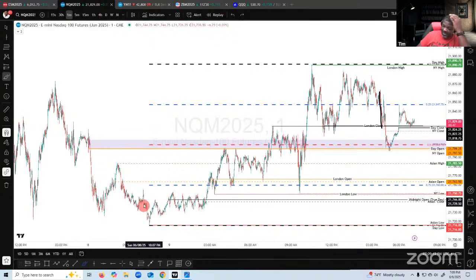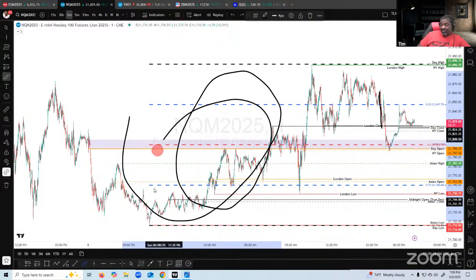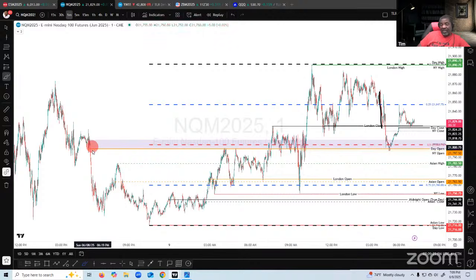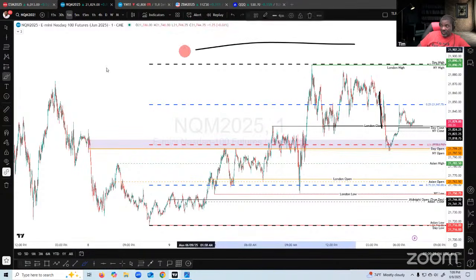But the rest of it is just based off the open, high, low, and close for all the different sessions throughout the day, and how we end up with the open, high, low, and close on the entire day.